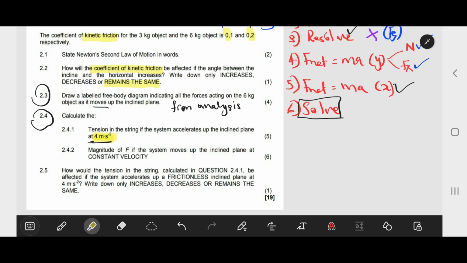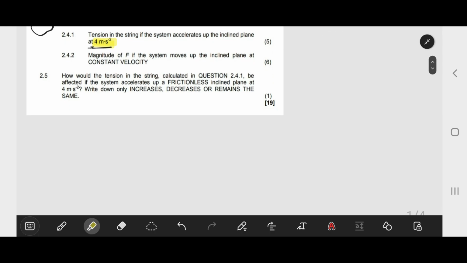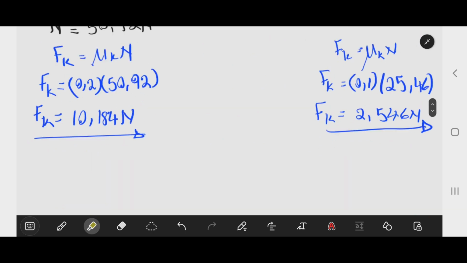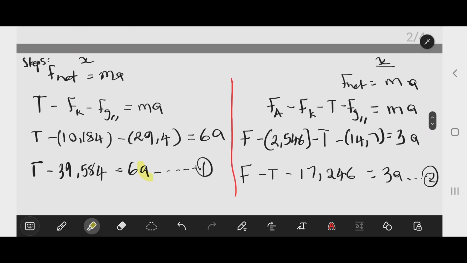We have obtained our normal force and the friction for both objects. So let us go to step number 5. That is where we have unknowns. For step number 5, they are saying the acceleration is 4 meters per second squared, and they asked us to calculate the tension. So now, if we go to F net in the x-axis, they gave us this value, which is the acceleration.